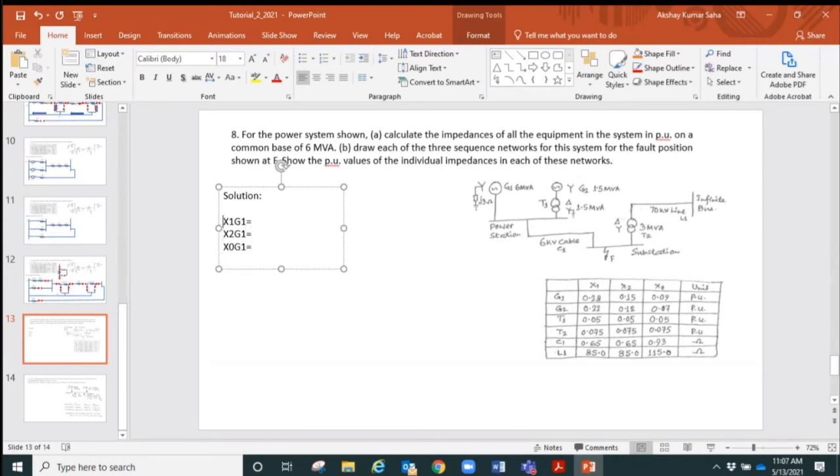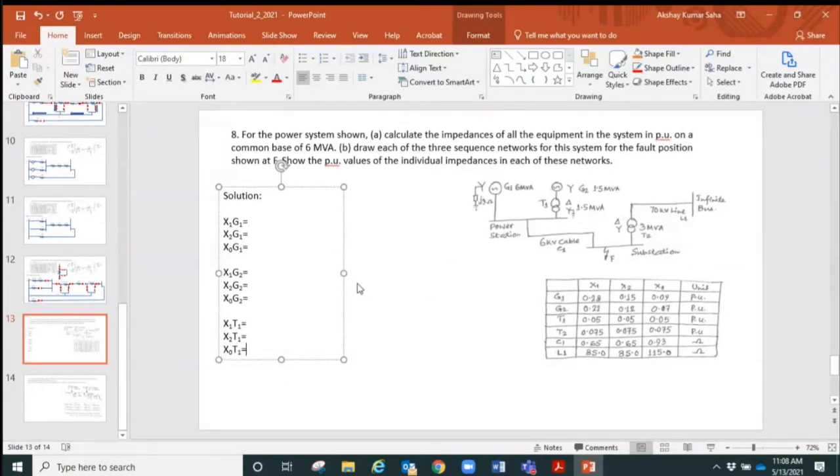Then you will do it for generator 2: x1 of g2, x2 of g2, x0 of g2, and then you will do it for the transformer: x1 of transformer 1, x2 of transformer 1, x0 of transformer 1.